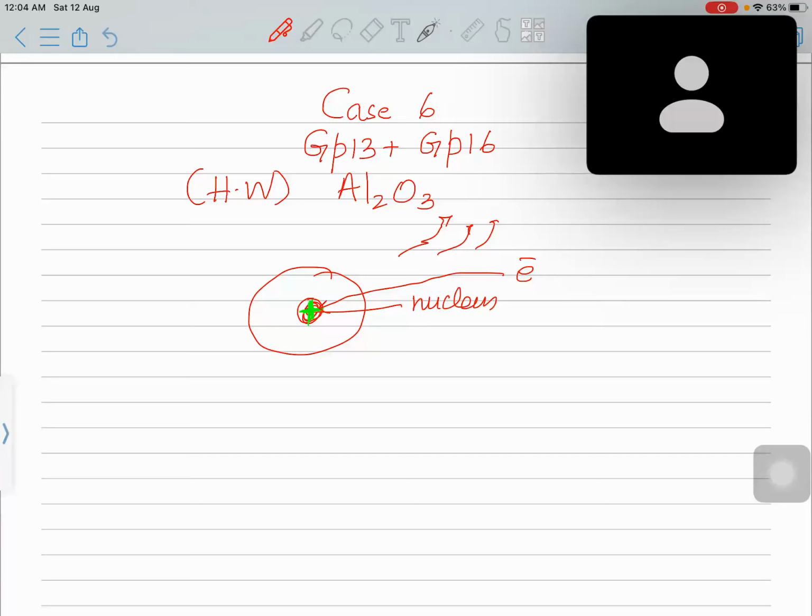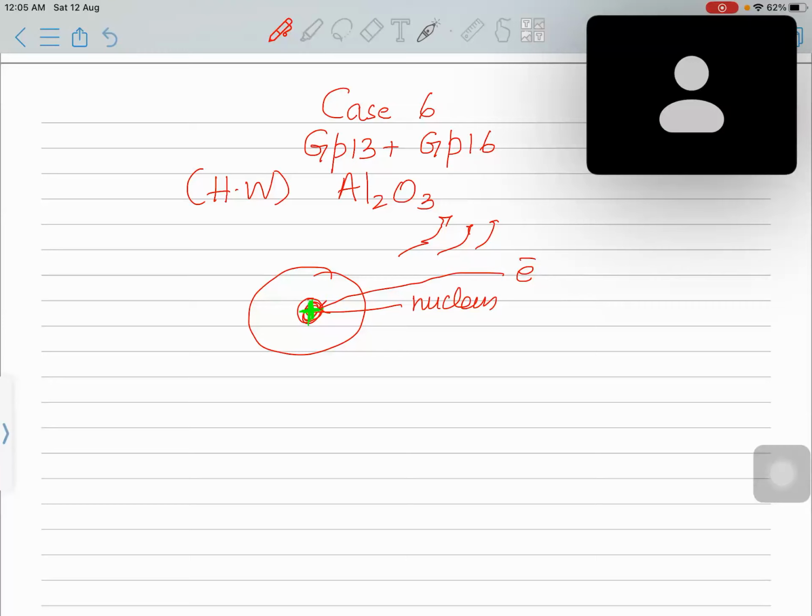Yes, sir. But there will be electrons in the shell outside the nucleus, so why can't they repel? Because you know that they revolve continuously. When electrons revolve, a magnetic field is developed. Whenever electrons revolve around the nucleus, they create a magnetic field.